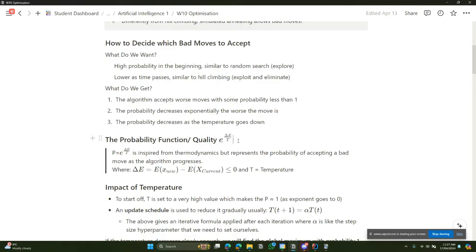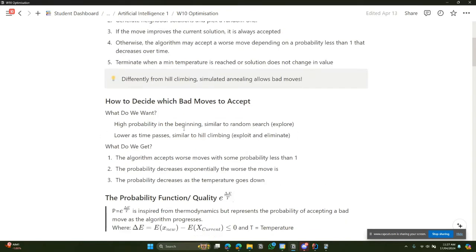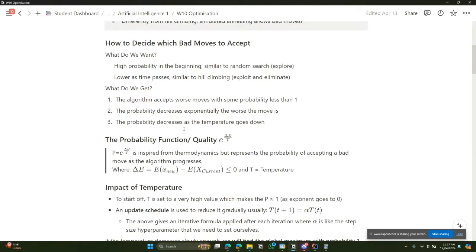So the value of the exponent would start increasing, and because it's beneath 1, the probability would also start decreasing. So because the probability starts decreasing, that's when we exploit and eliminate.